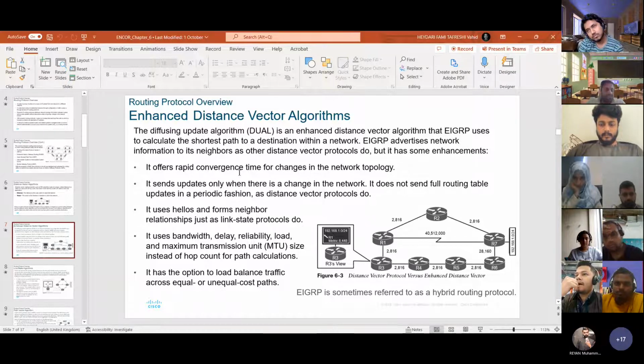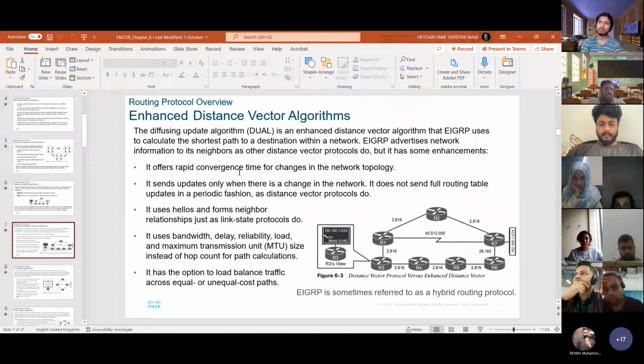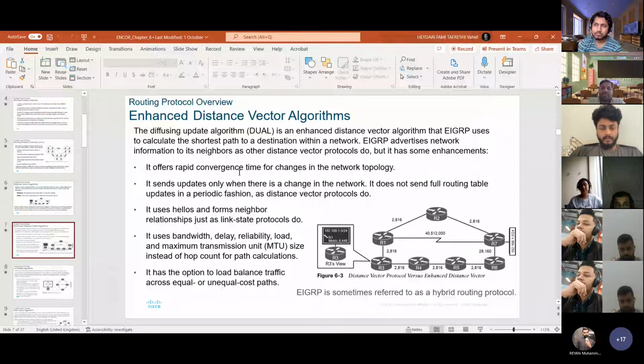And why did we call EIGRP an enhanced distance vector? This is simply because EIGRP, compared with other IGP algorithms like RIP or OSPF, is known to offer a faster convergence time when a topology change happens.